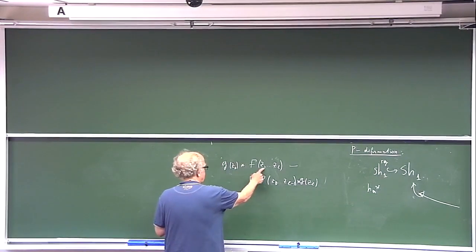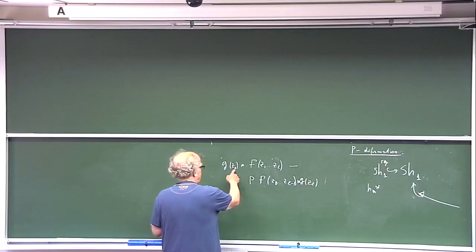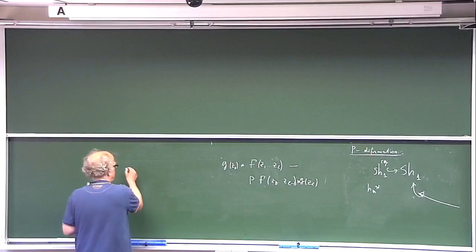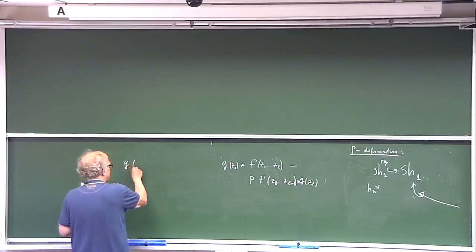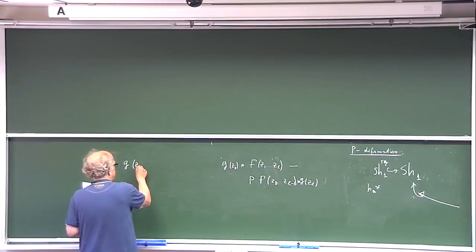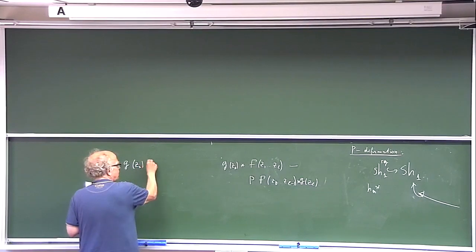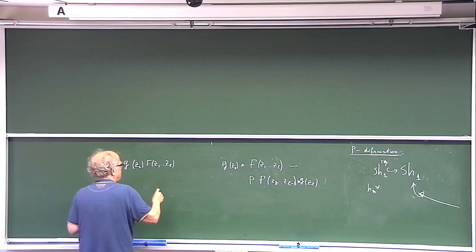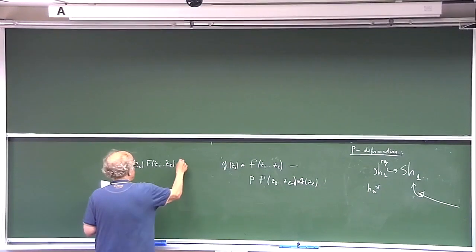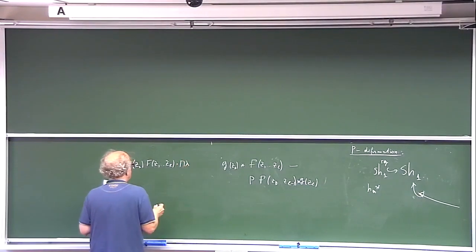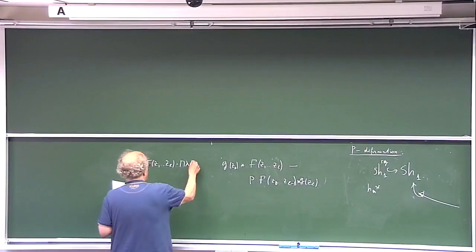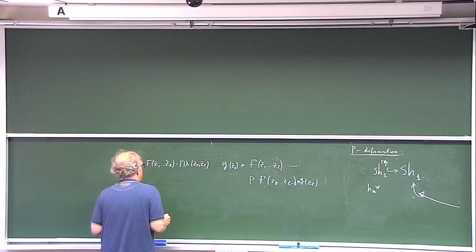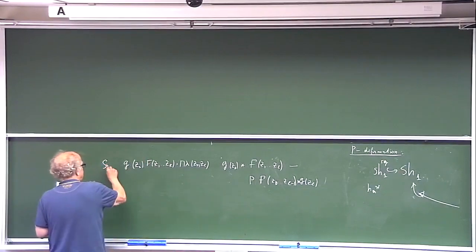What is written here? Here, when I calculate this, it is what? It is G E0 times F E1 and so on E8. And here we have the product of this function lambda E0 E8. And then we have to symmetrize.